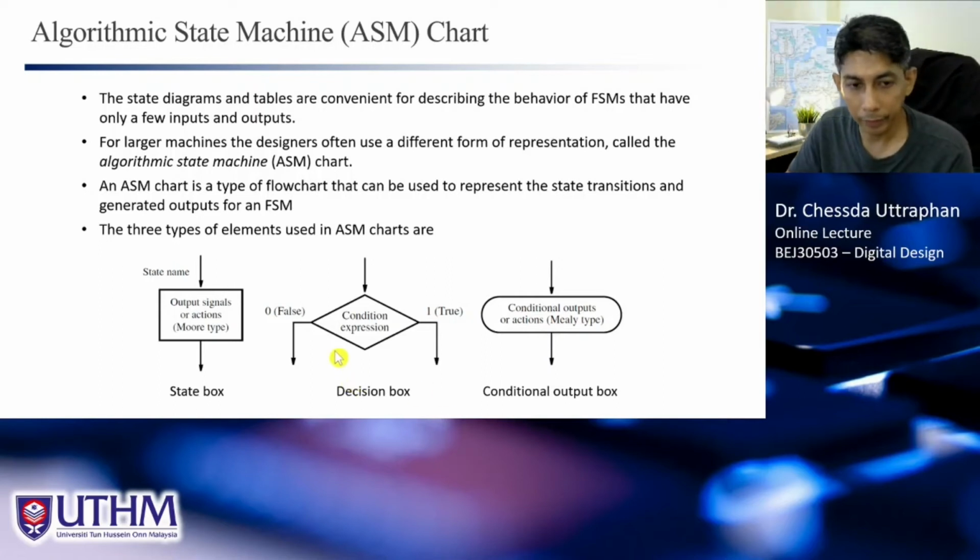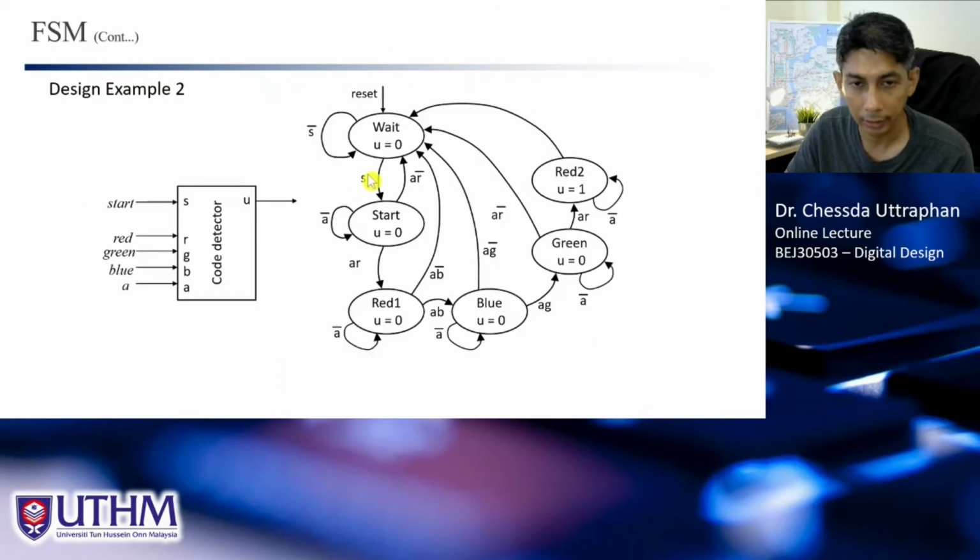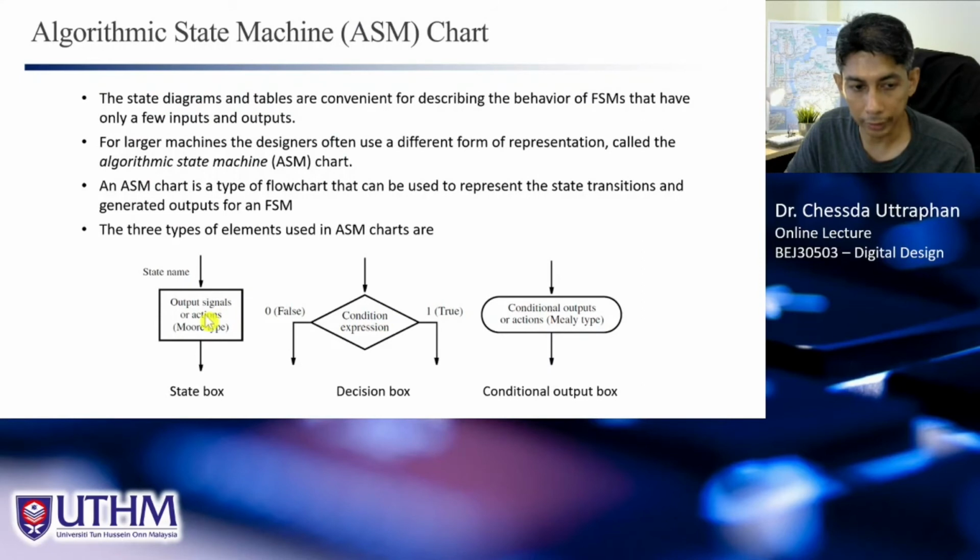We represent the state in the form of a flowchart instead of a state diagram. For example, the state box: the state is now represented as a box like this, for Moore type.